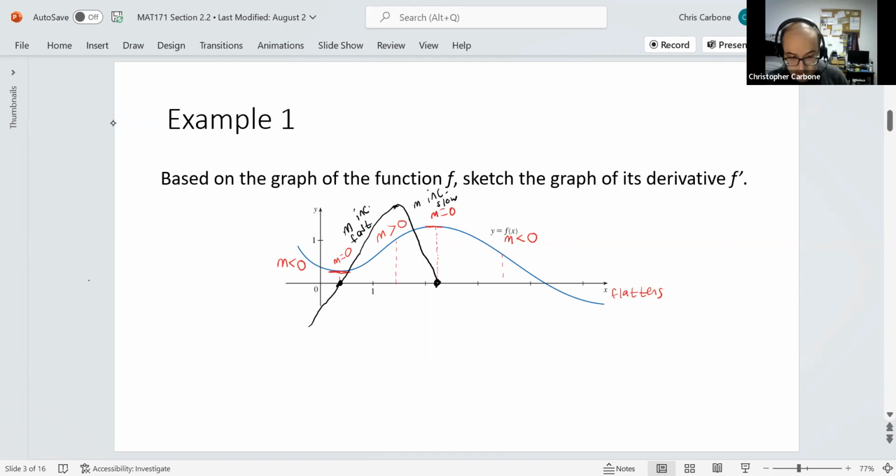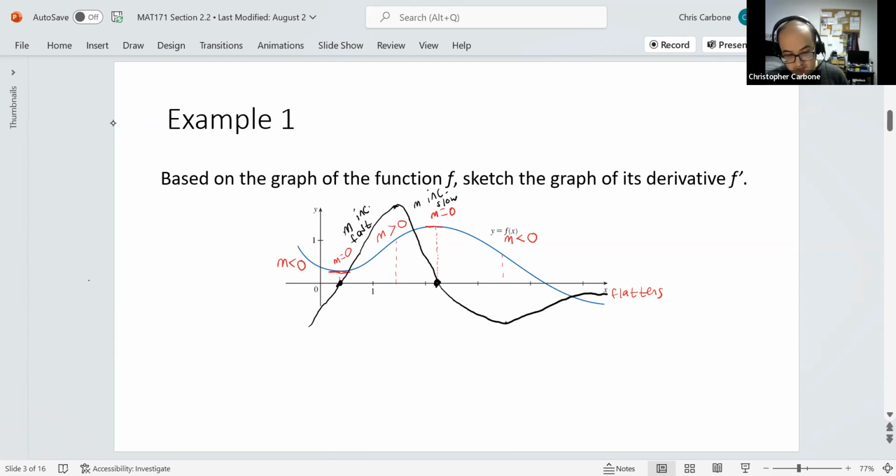It crosses the x-axis here, and then it goes below the x-axis. We have about the lowest point about there. So we'll continue on here, slightly turn, and approach the x-axis for something like that.